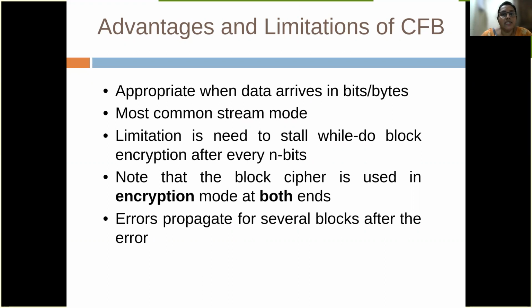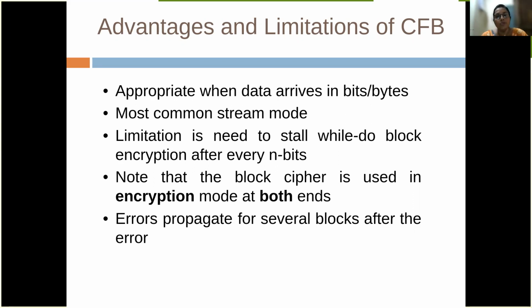What are the advantages and disadvantages? This method is appropriate when data is arriving in bits or bytes, so it is more suitable for stream mode. The limitation is that we need to stall while doing block encryption after every n bits, because each time we need that particular cipher value to be given to the next one.